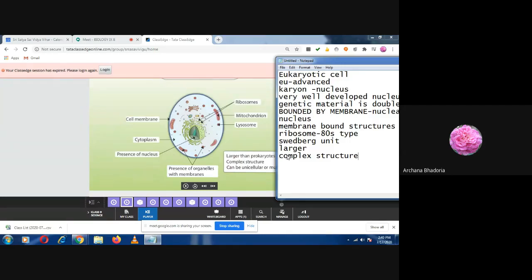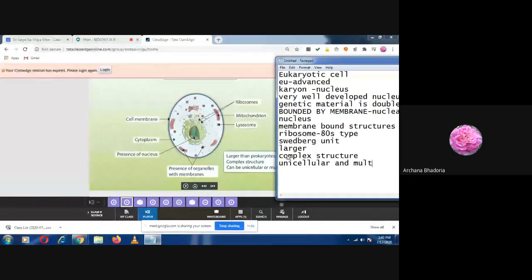Now this type of cell, your eukaryotic cell, you will find in unicellular organisms also, and you will find in multicellular also. Try to understand that amoeba, paramecium, euglena, you have all heard. Yes, ma'am.